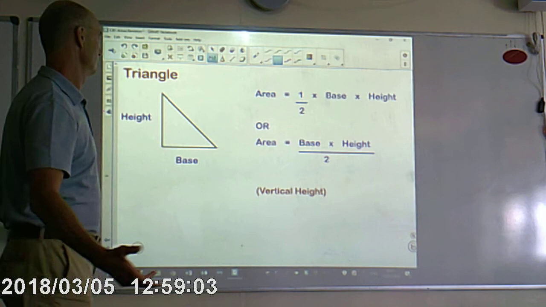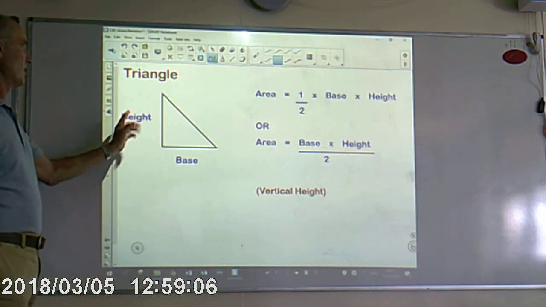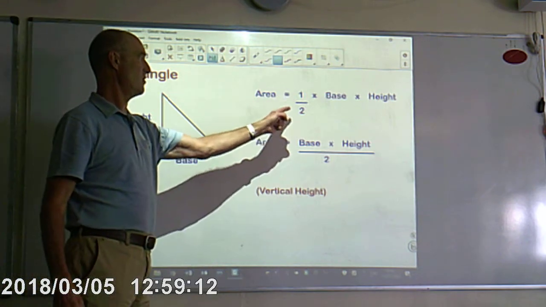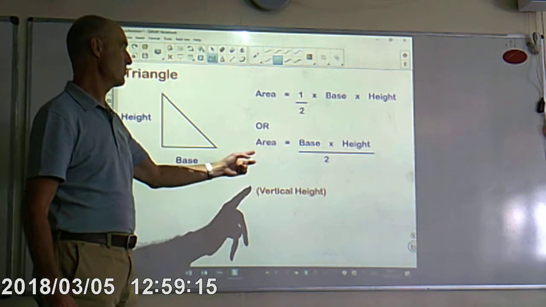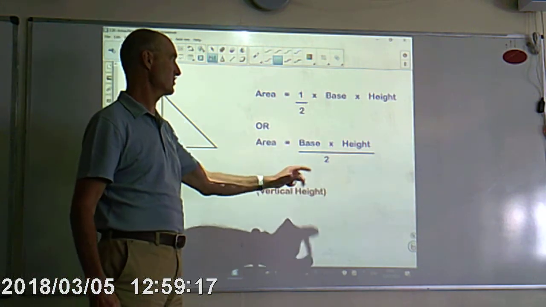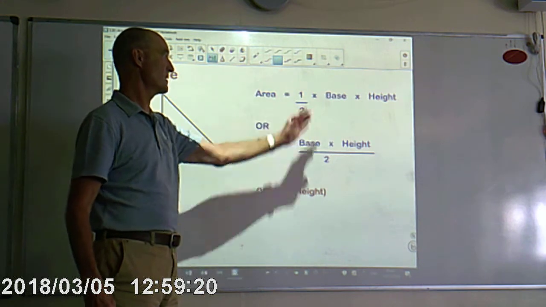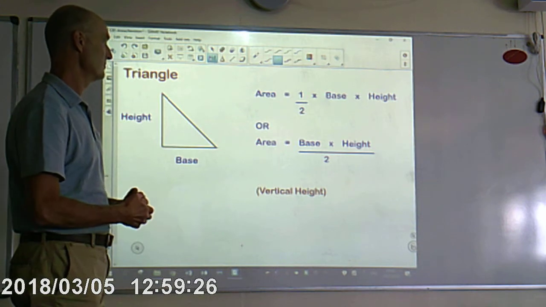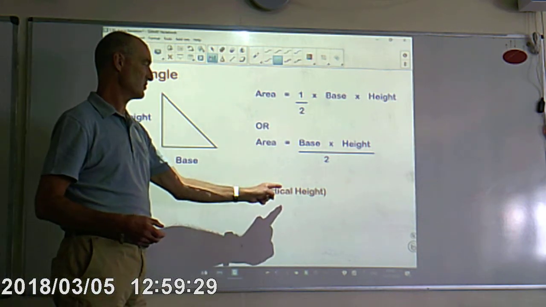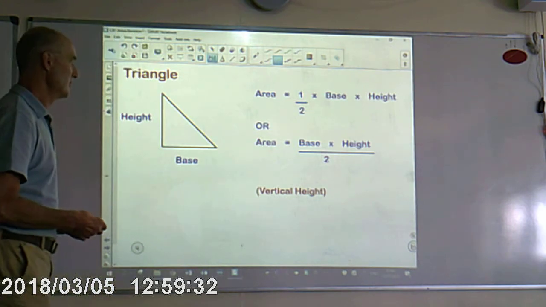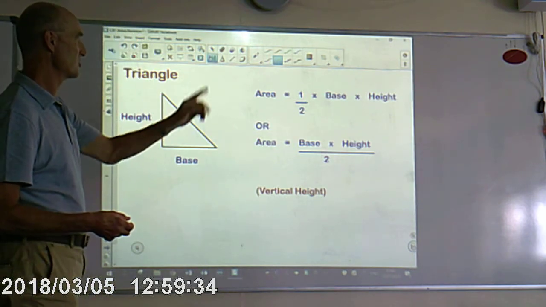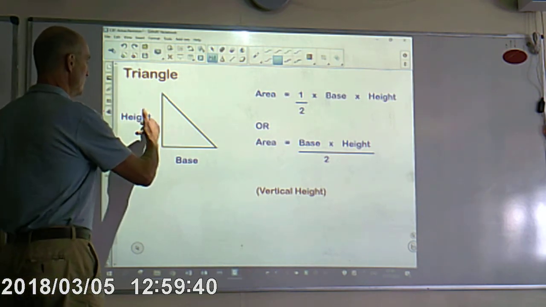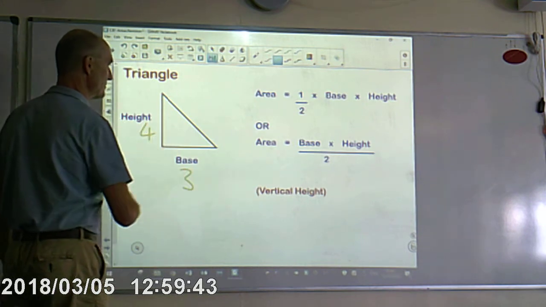Right, triangles. We've got a height, we've got a base length, and our area is half times the base times the height. Some people remember it as the base times the height all divided by 2, but they are both the same. So let's give ourselves a height of 4 centimetres and a base of 3 centimetres.